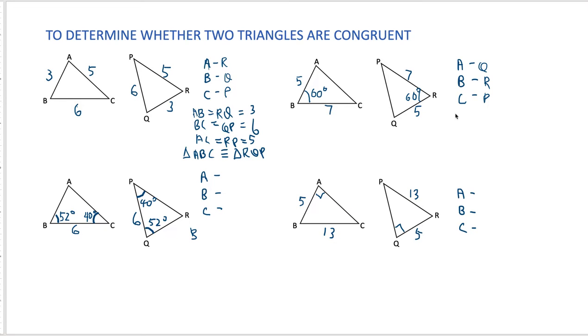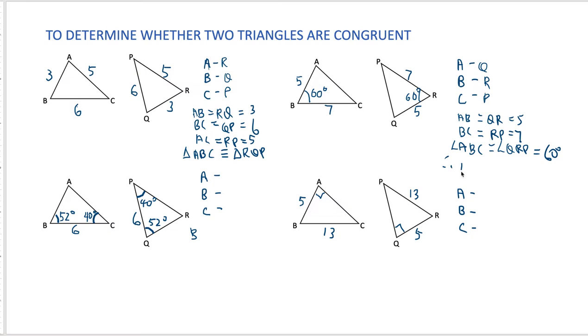So here we need to show 2 sides are equal. That is AB is equal to QR, this equals 5, and BC equals RP, equal to 7, and the angle ABC equals the angle QRP, which is 60 degrees.